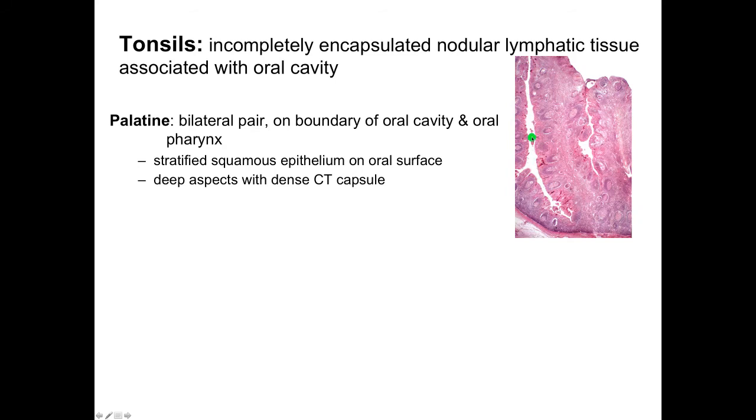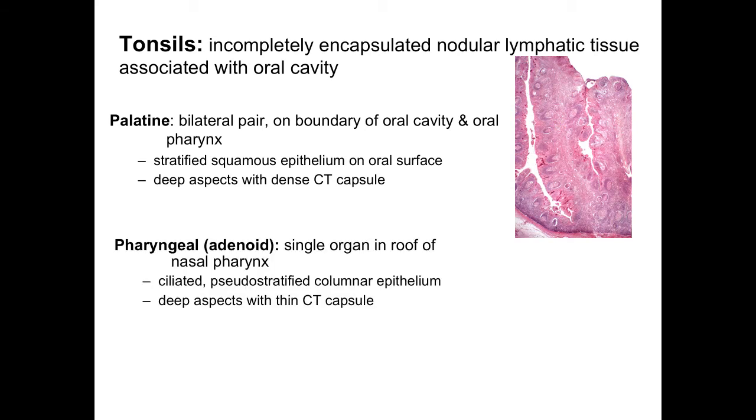So you can see that here into a crypt. You can see the stratified squamous epithelium here with the deeper aspects with a relatively dense connective tissue capsule around them. But here are the numerous lymphatic nodules associated with this palatine tonsil.